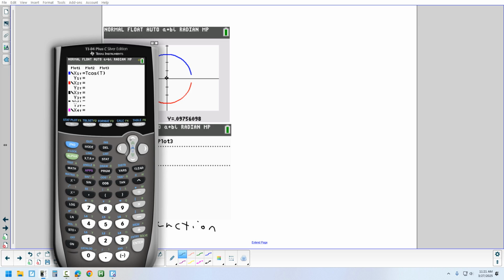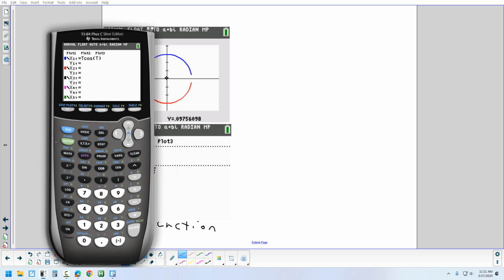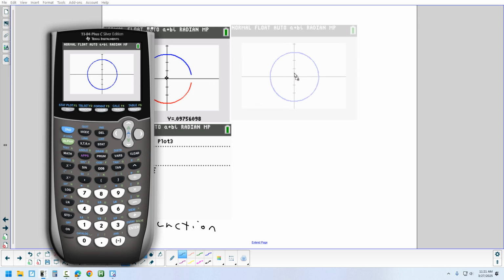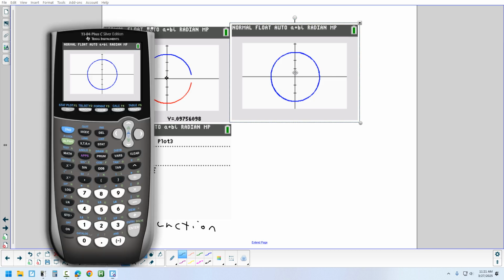And what would it be? 3. And I wiped out the bottom one because I had changed it. 3 sine t. Okay, let's hit graph on that. There you go. The advantage there is I actually got a real circle. I didn't have to draw 2 separate pieces that kind of look like a circle.